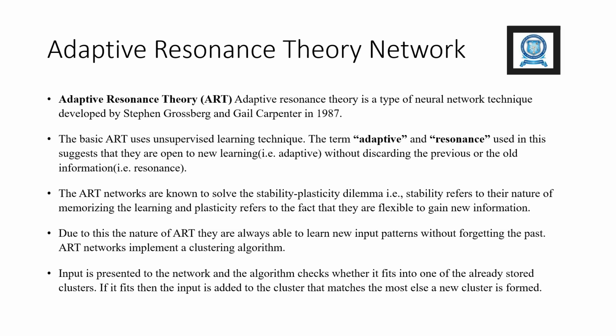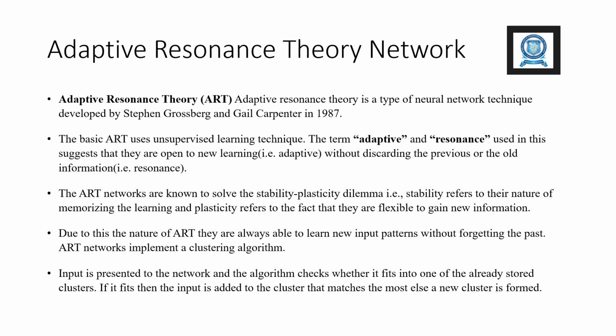Adaptive Resonance Theory Network. ART, adaptive resonance theory, is a type of neural network technique developed by Stephen Grossberg and Gail Carpenter in 1987. The basic ART uses unsupervised learning technique. The terms adaptive and resonance suggest that they are open to new learning without discarding the previous or the old information.